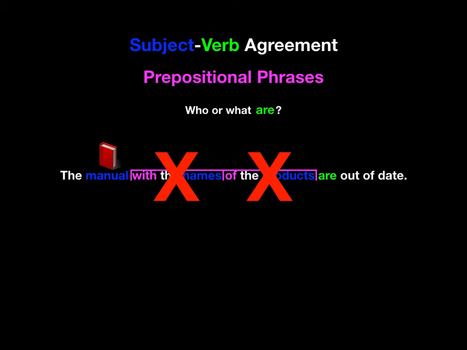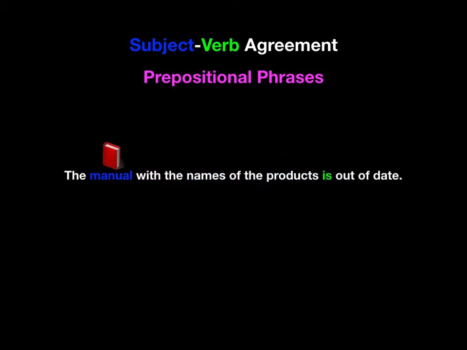We now need to see if manual agrees with the verb are. Manual, as we can see, is singular. Would are be singular or plural? As are does not end in an S, it would not be singular. Therefore, we need to change are to is in order to fix the error within the sentence. The manual with the names of the products is out of date.